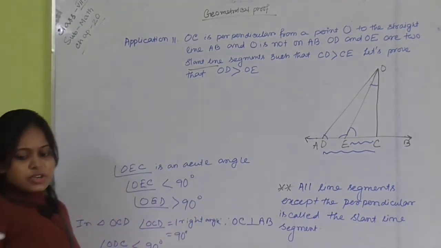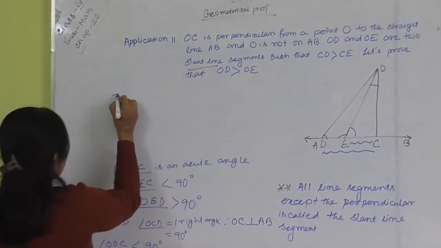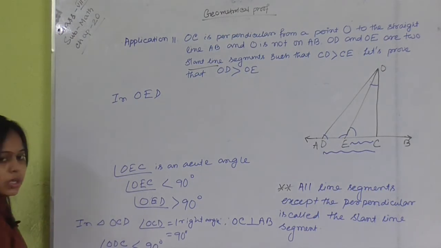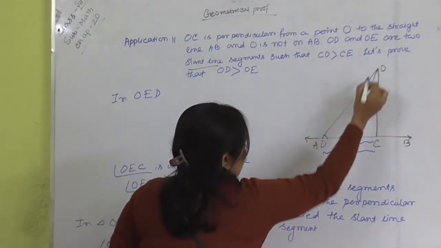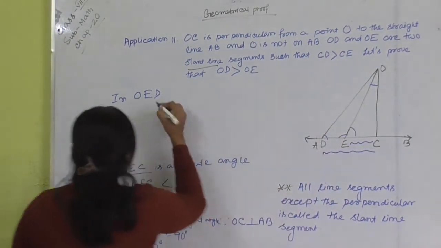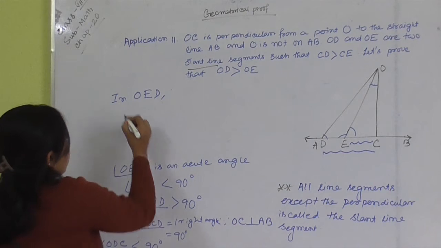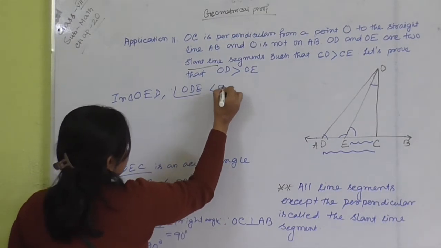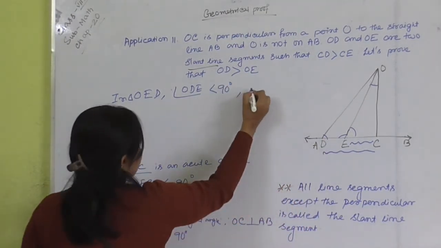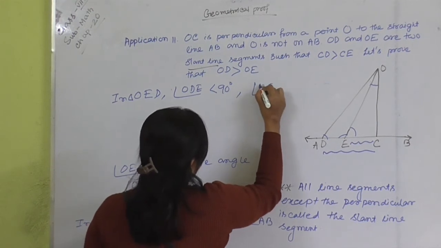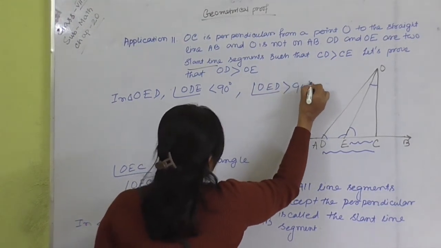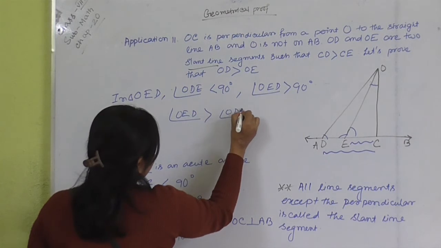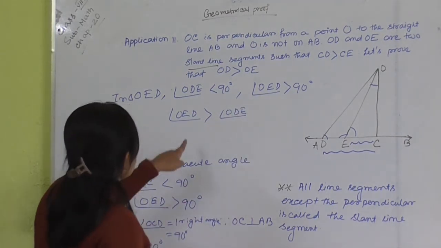If we consider this triangle OED, then in triangle OED, ODC is less than 90, that means ODC is equal to ODE. So in triangle OED, ODE is less than 90 and OED is greater than 90, that means OED is greater than ODE.